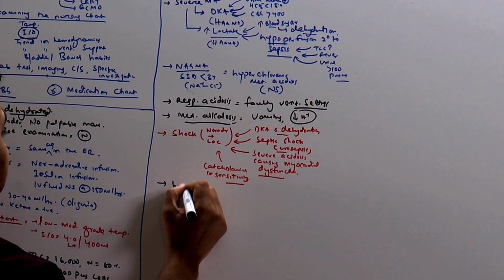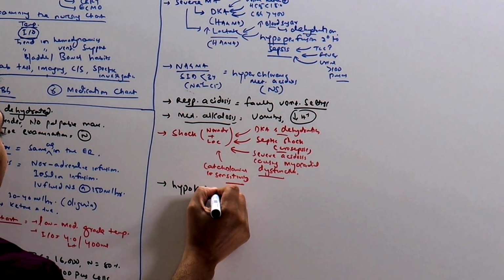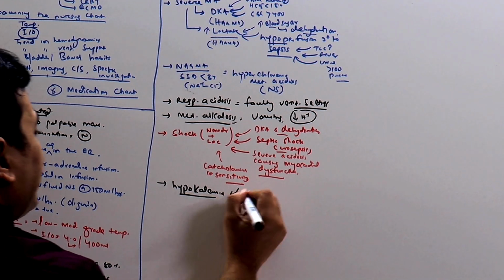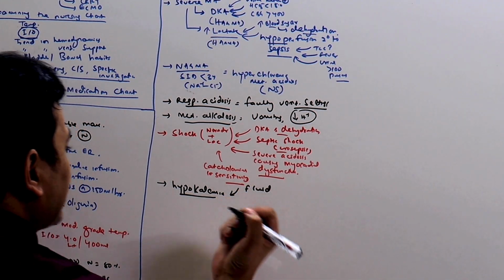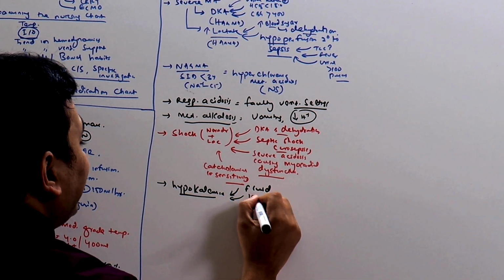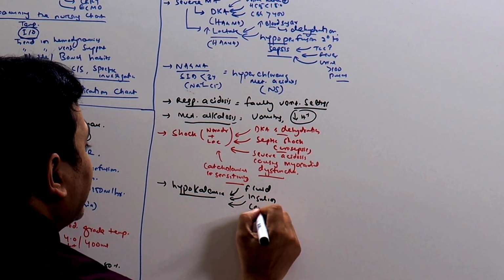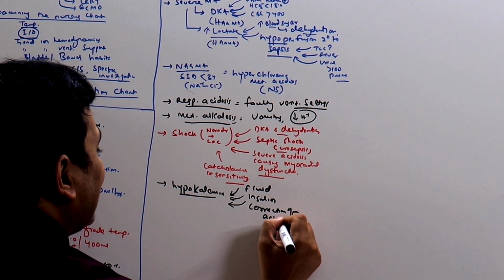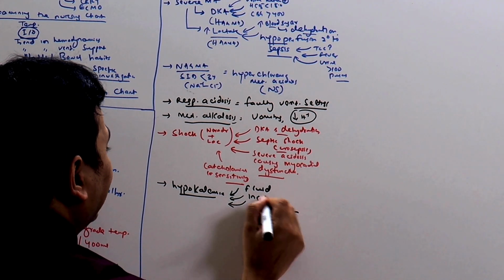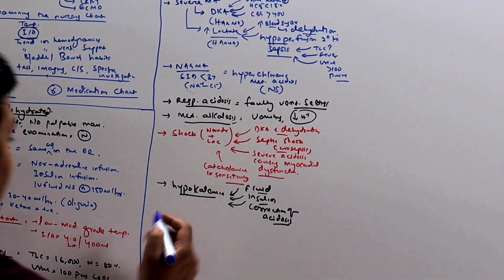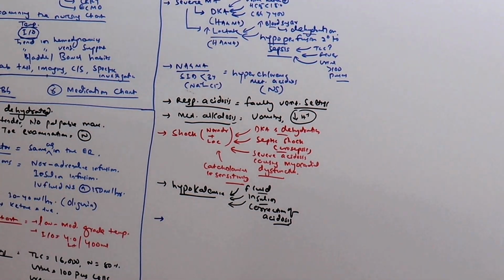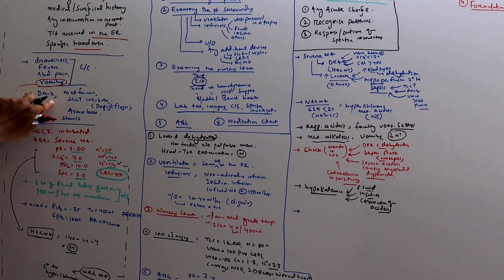So, the hypokalemia in this situation can be secondary to giving too much fluid, causing dilutional hypokalemia. Insulin for DKA can cause hypokalemia. Correction of acidosis can cause hypokalemia. And another pattern that you need to understand here, patient is receiving SGLT inhibitor, that is dapagliflozin.